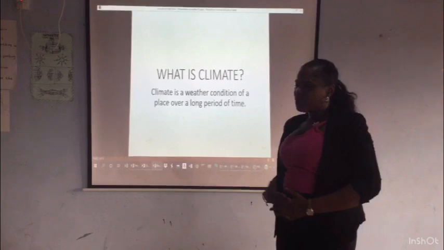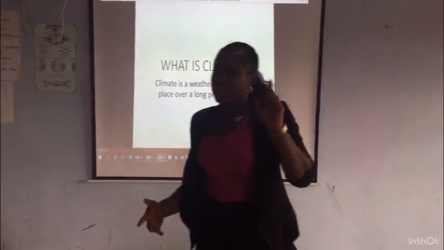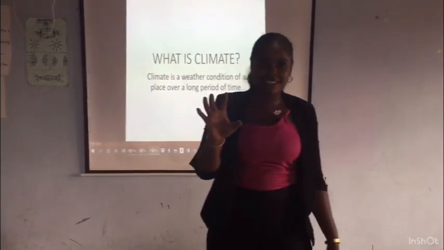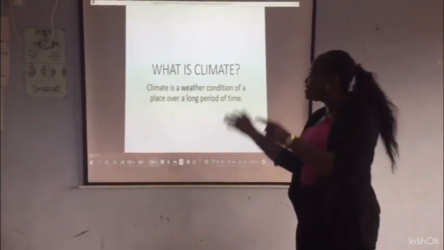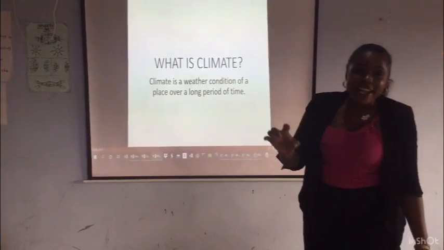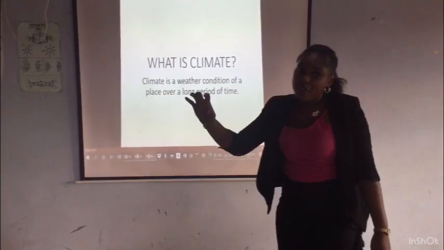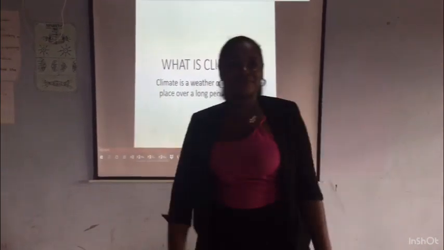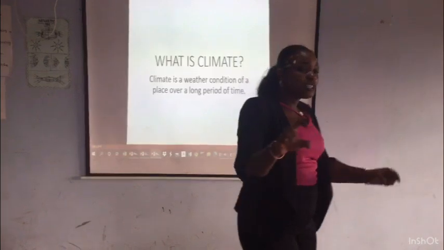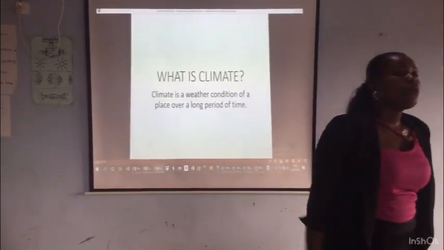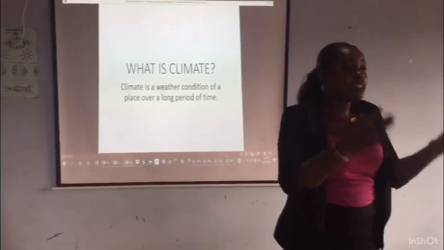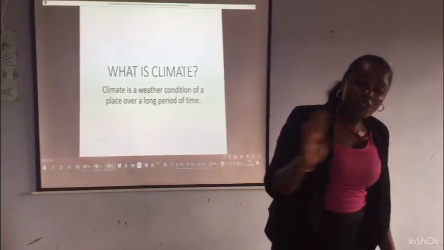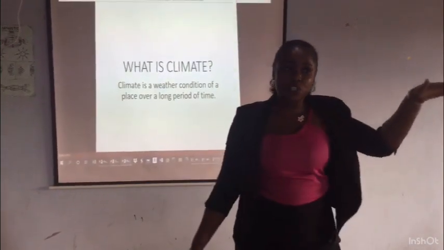Now I can't tell you about weather without mentioning the word climate. What is climate? Climate is the weather condition of a place over a long period of time. For example, if it wants to rain and the rain is falling for a very long time, we're talking about the climate condition of the environment.